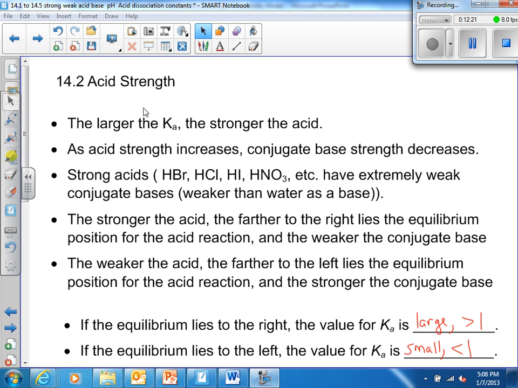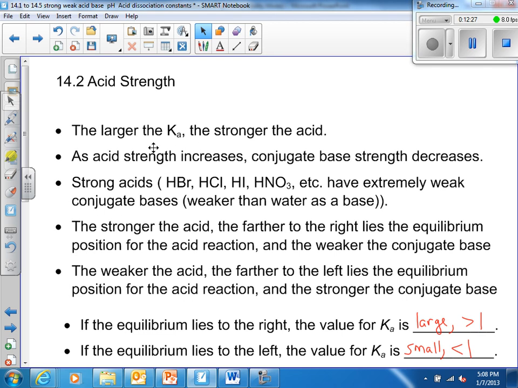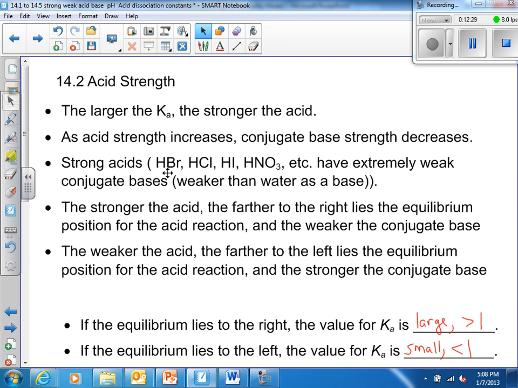So we can compare Ka values of HCN and acetic acid. Whichever one has a higher Ka, its conjugate is a weaker base. Now, one other thing to notice is strong acids have extremely weak conjugate bases. The strong acids' conjugate bases are weaker than water as a base.